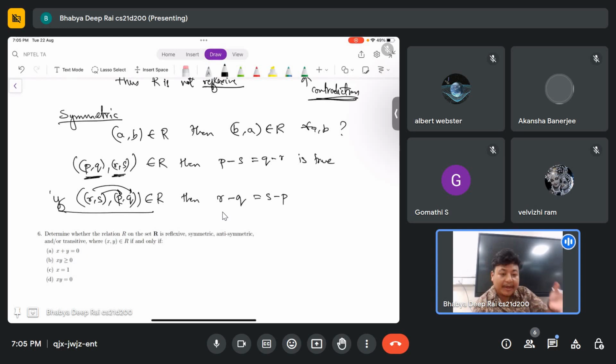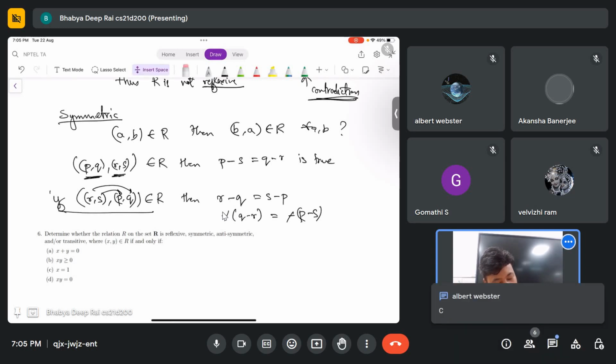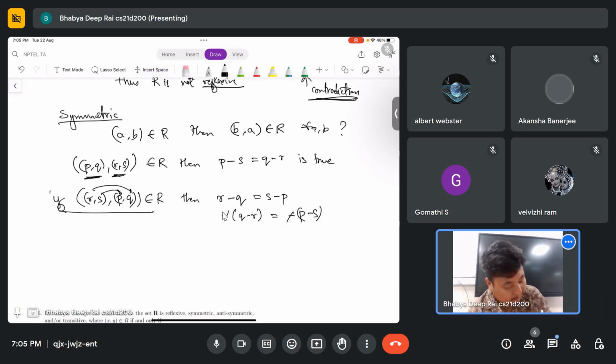Now let me take the minus common: minus of (Q minus R) equals minus of (P minus S). I cancel out these and we get that P minus S equals Q minus R, which is true from here.